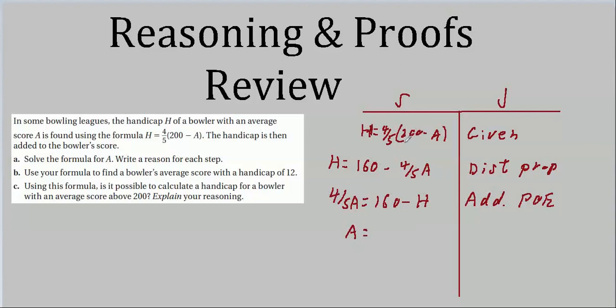In other words, 5/4 of 160 is going to give us back 200, and this will be 5/4 h over here. Or we could also do this. Since this is the way it was given to us, I don't see anything wrong with writing the final equation this way. Although there's also nothing wrong with writing it all out. And how do we get by with this? Well, that was the division property of equality.